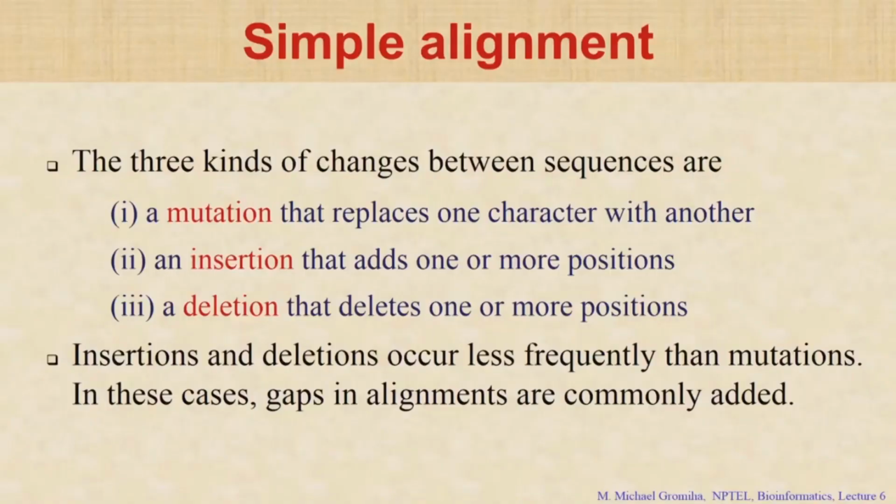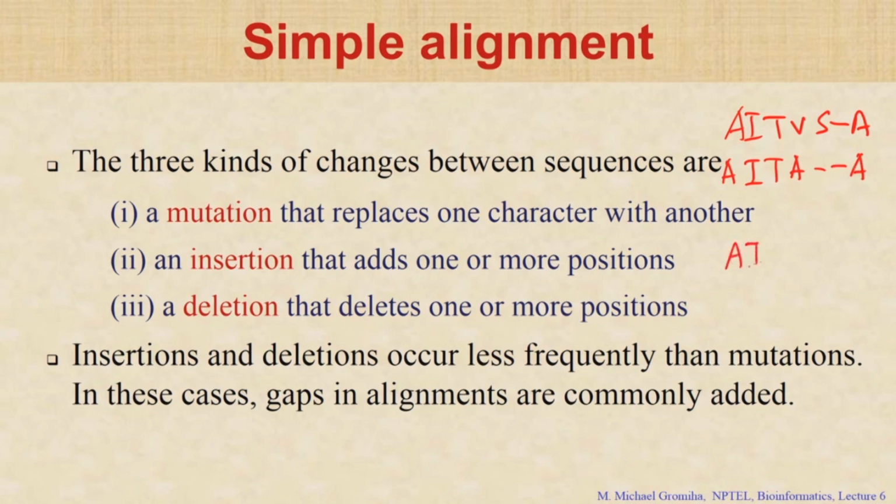So, I will show, if you have different sequences, for example, you put 2 sequences, and you put another sequence here, for example, if you have this one AIT BSA and AIT AA.